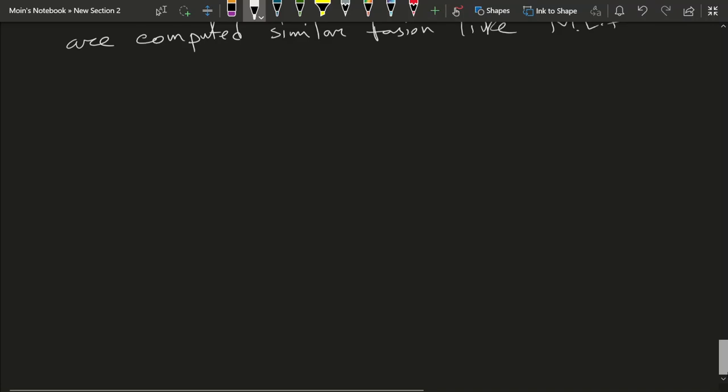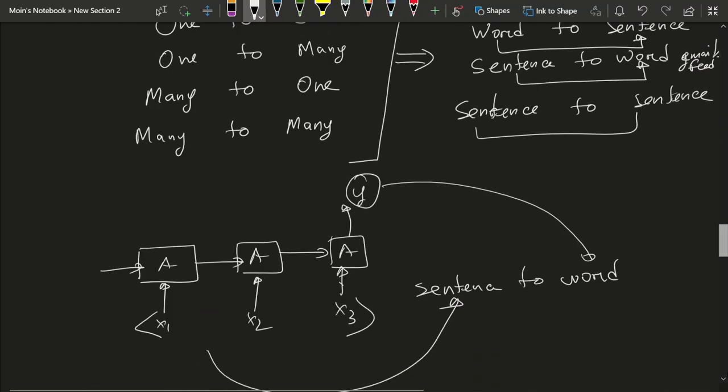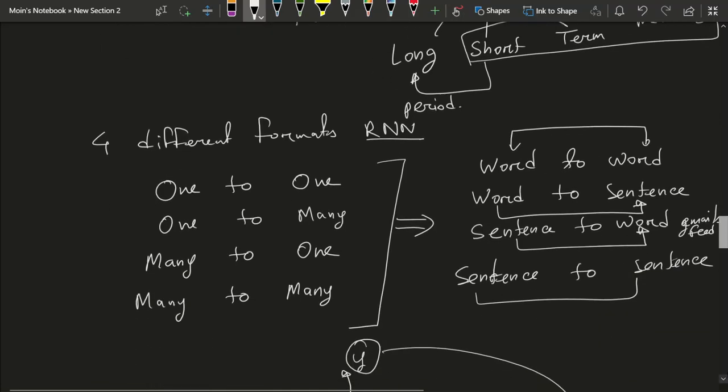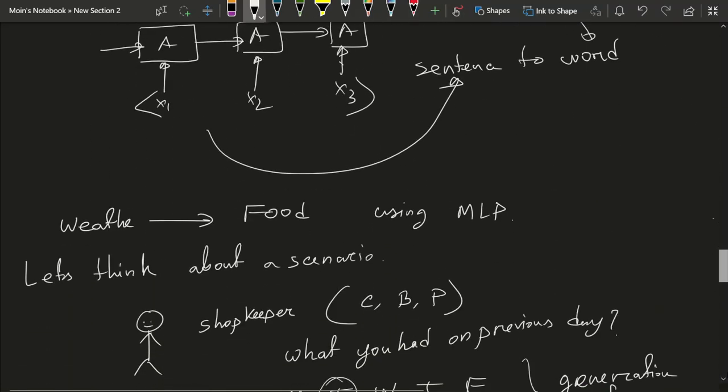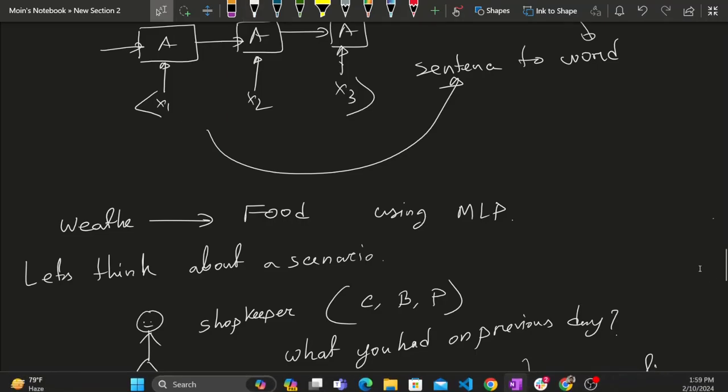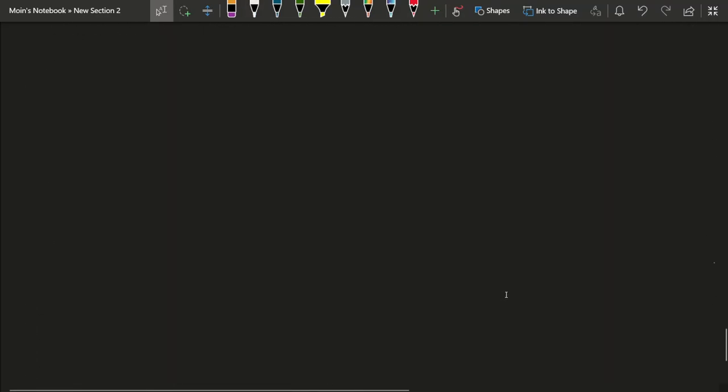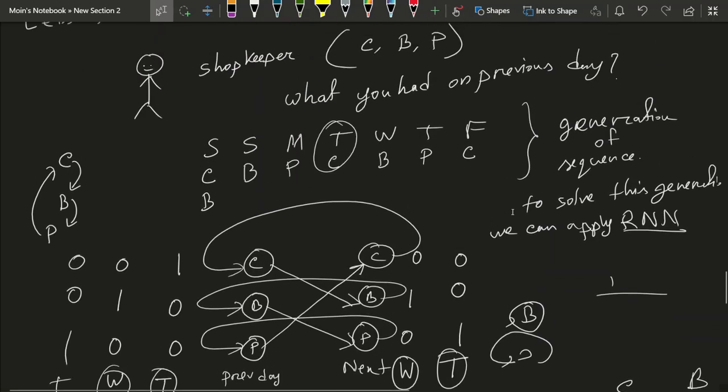So in the previous shopkeeper example of a sequence, we get a sequence, and this sequence is for the shopkeeper part.